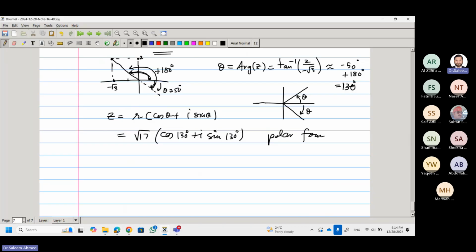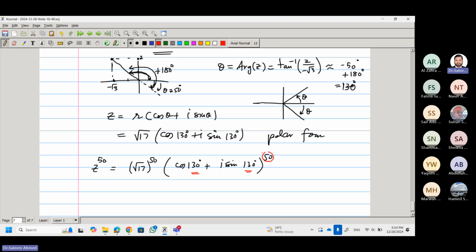Let's say in this question they ask me to find z to any power, let's take z to the power 50. Then it is square root of 17 to the power 50, and then cos 130 degrees plus iota sine 130 degrees, to the power 50. De Moivre's theorem says that if you have cos theta plus iota sine theta to a power, just bring the power with theta.